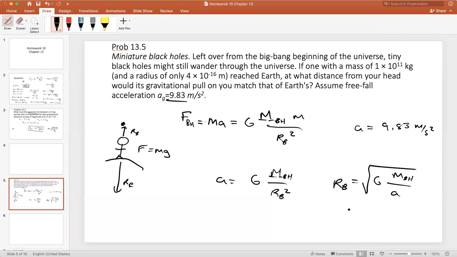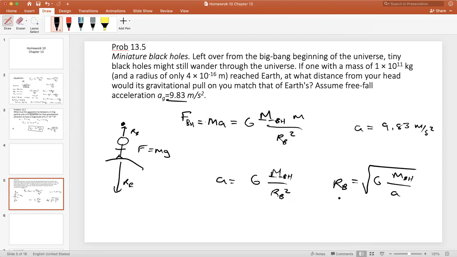Not too hard to do. Again, plug in for G 6.673 times 10 to the minus 11 Newton meter squared over kilogram squared, times this mass of the black hole, 1 times 10 to the 11 kilograms, divided by 9.83 meters per second squared. Take the square root, and you'll get an answer. That's not too difficult to understand.